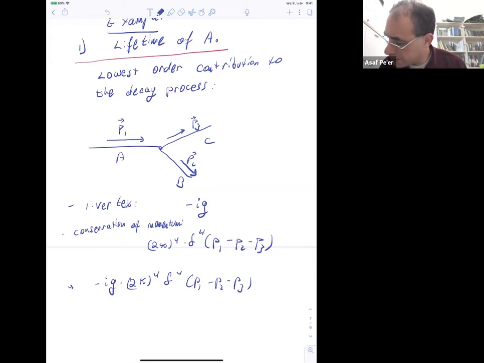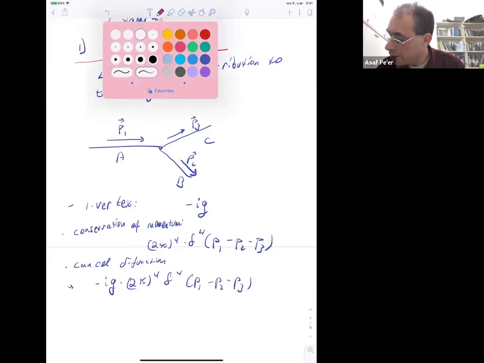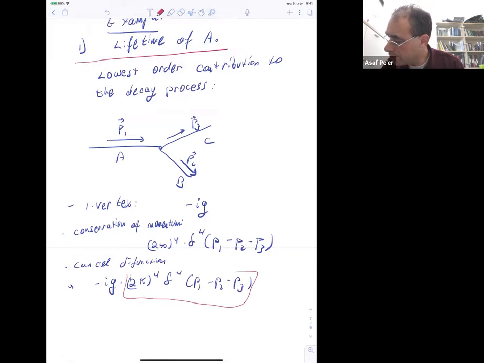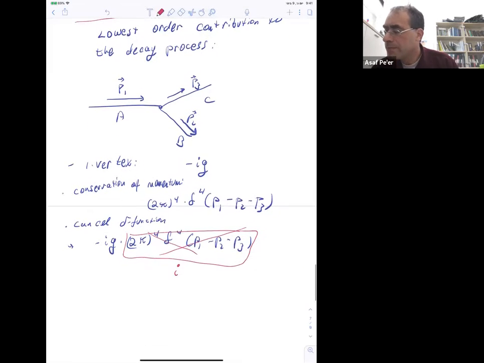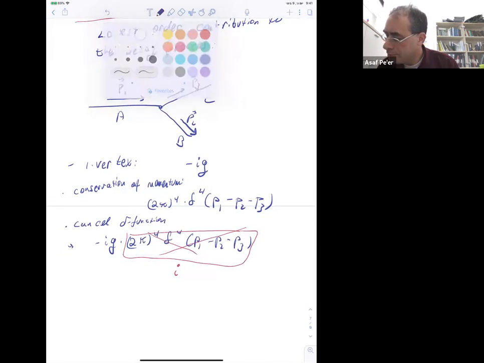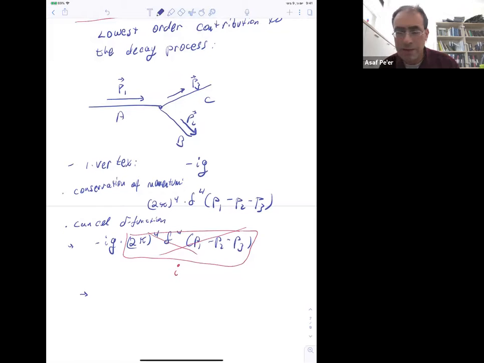But rule number 6, cancellation of the delta function, says that I can take all these parts, erase it and replace it by i. So we get minus i times i, this is just G, which means that M is equal to G. And that's it.